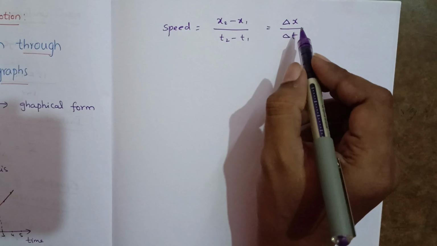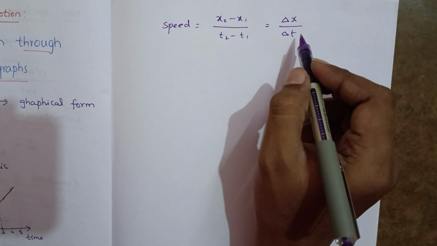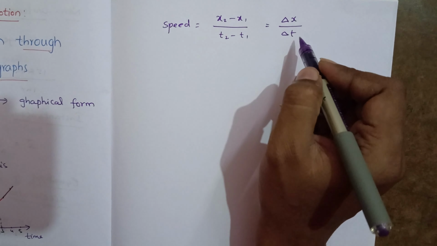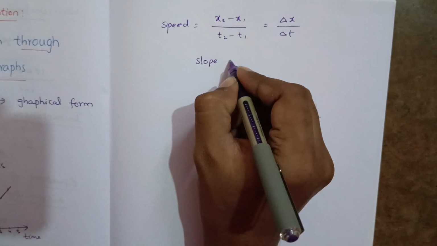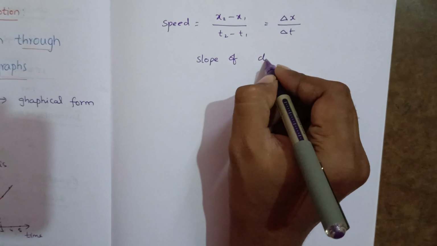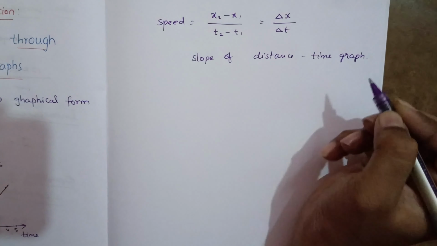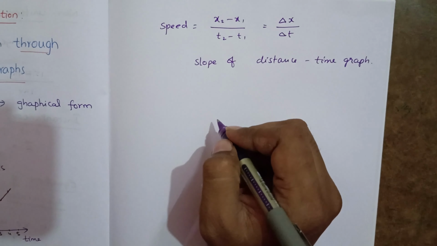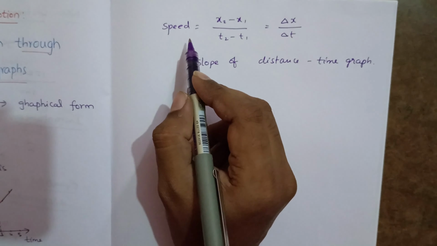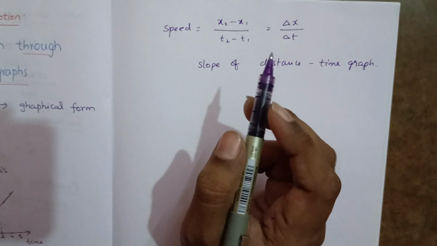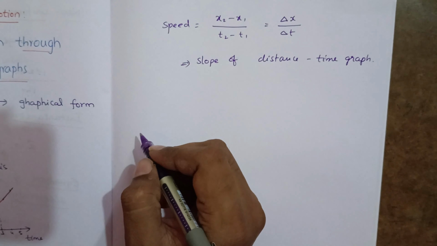This delta x by delta t is called the slope of the distance time graph. The slope of the distance time graph gives the speed of the object.